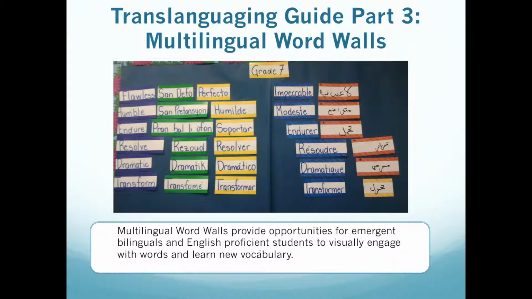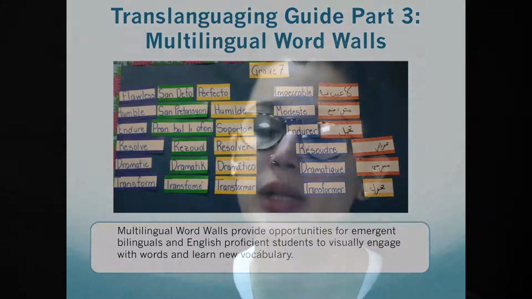In this particular classroom, they were learning about characters and describing people, and these were a number of different ways of describing people in English, in Haitian Creole, and in Spanish. And multilingual word walls provide opportunities for all emergent bilinguals and English proficient students to visually engage with words and vocabulary in both languages.